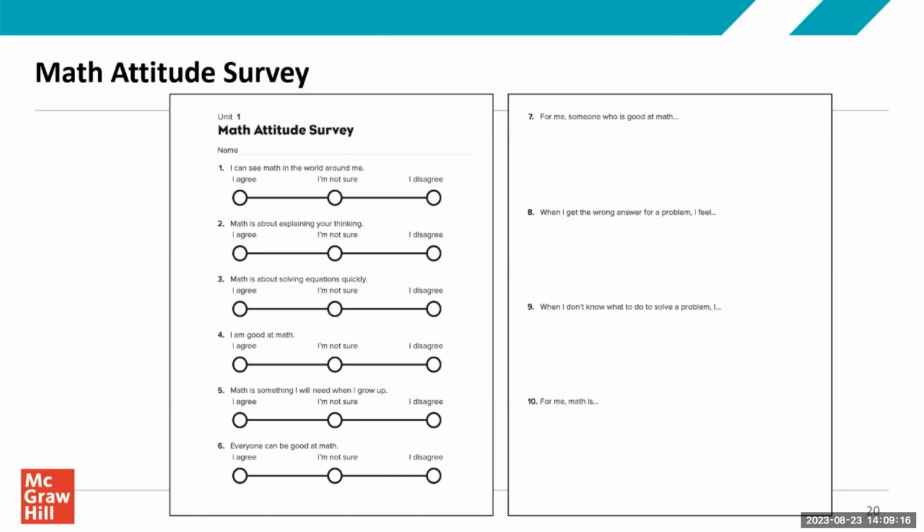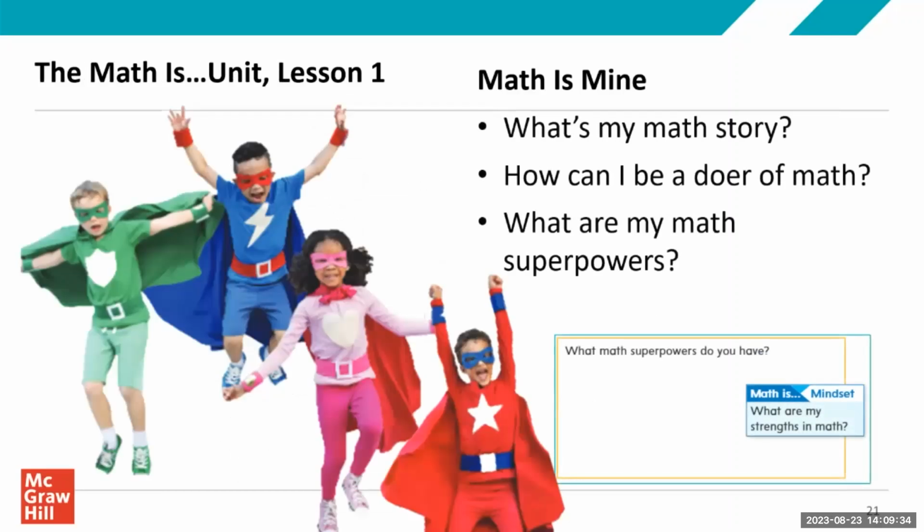This is kind of like the pre-test for the first unit, and it gives them a chance to share with you, and you can get to know your students about what they enjoy and how they see themselves as mathematicians.